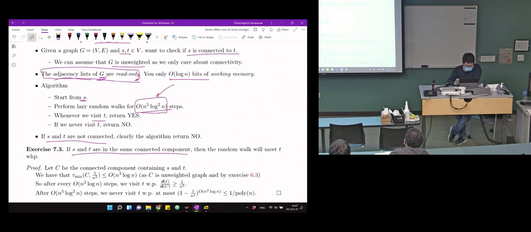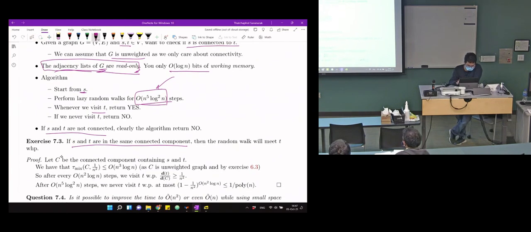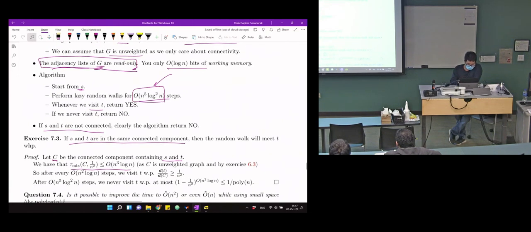And why is this the case? Well, suppose that C is the connected component that contains S and T. I claim, and you show in the homework, that for any unweighted connected graph, the mixing time is at most n cubed.